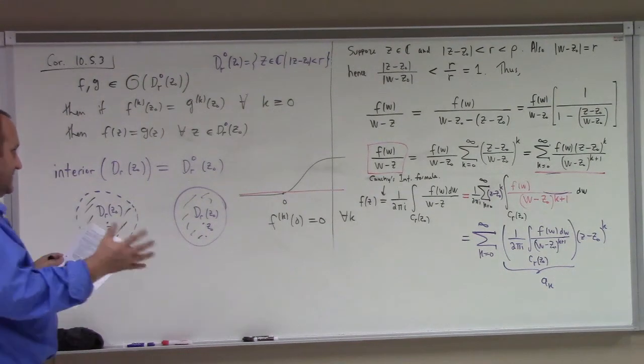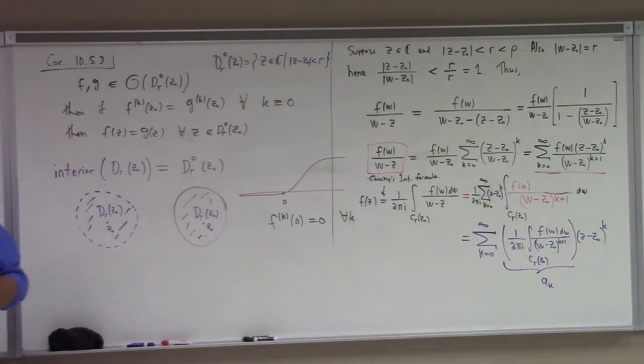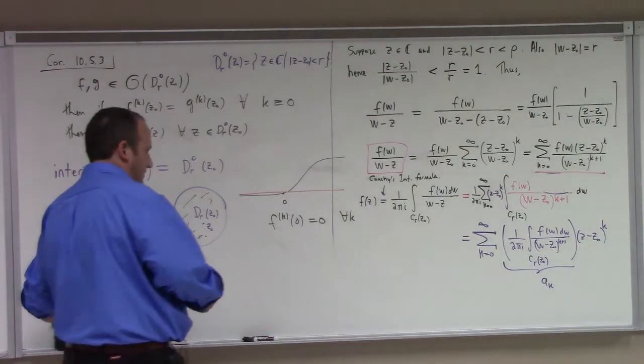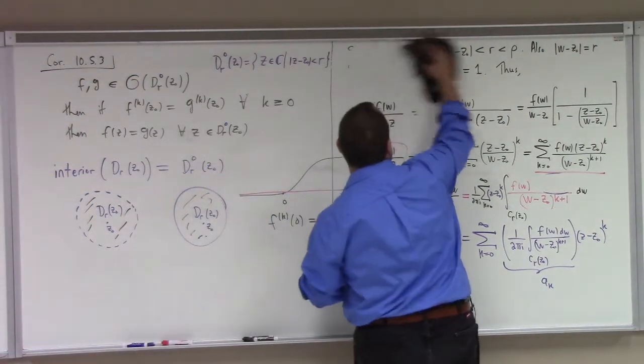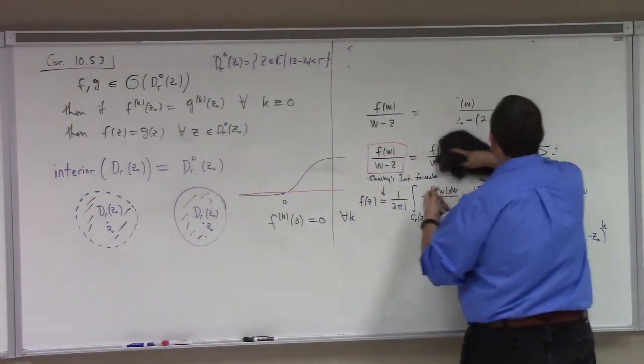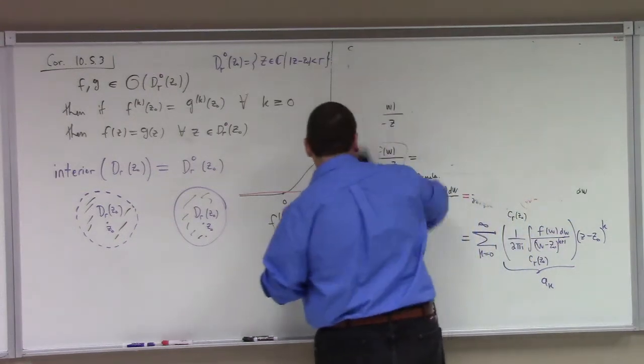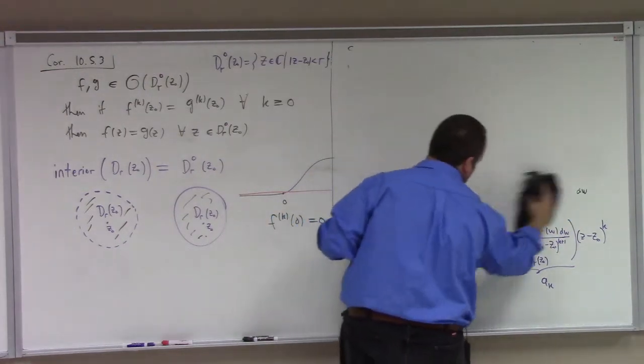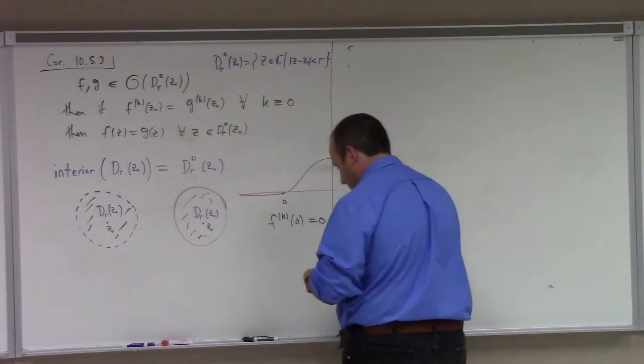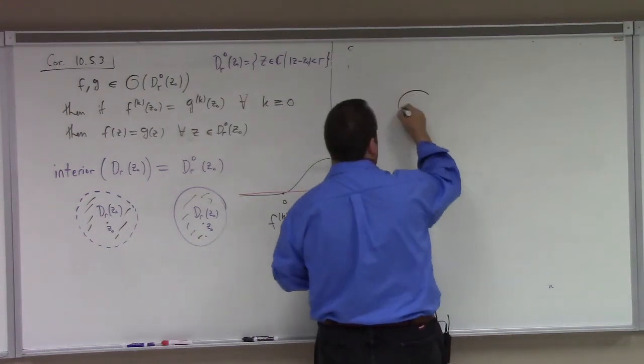So there's two ideas at play there, right? Let me try to draw a picture rather than write that out. The story that we're given is that you're given a function which is, say, holomorphic on this disk.